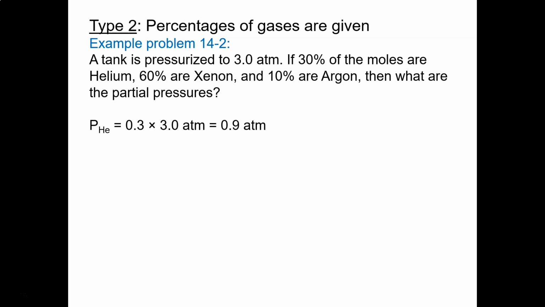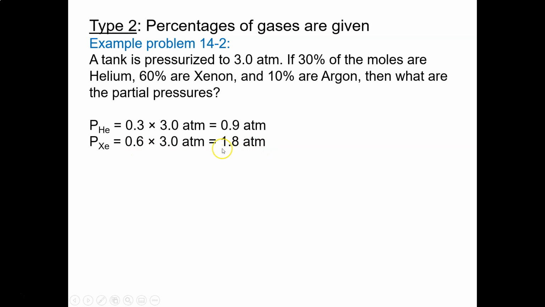Now let's do the same thing for the other 2, because remember, we need 3 different answers. Let's do the partial pressure of xenon. 60% of the moles are xenon, meaning that 60% of the total pressure is the pressure of xenon. To find that out, I'm just going to multiply 3 atm, the total pressure, by 60%.